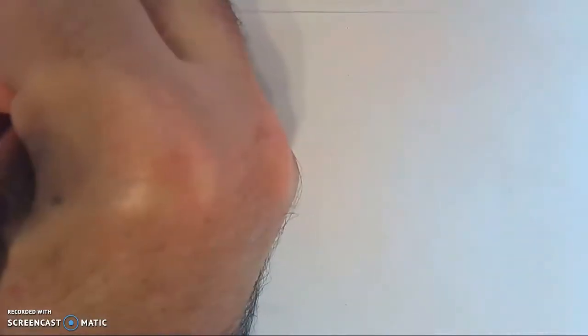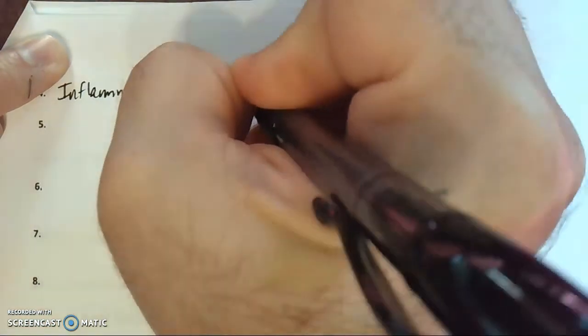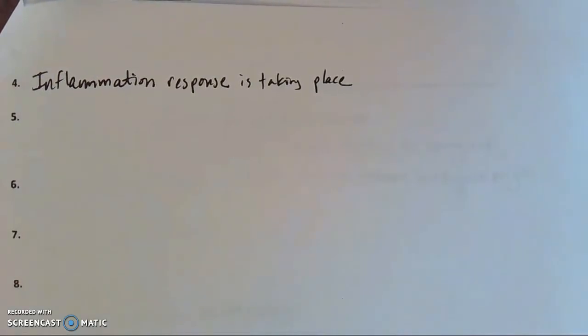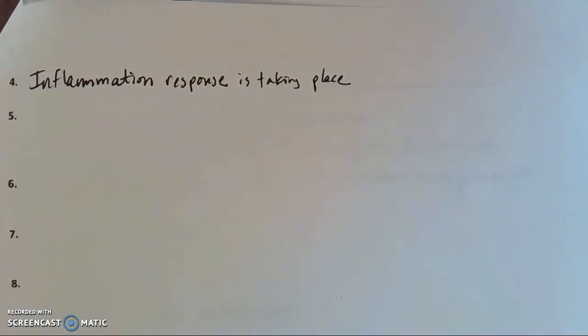during this whole time, as the tissue is being injured, we have the inflammation response, or inflammatory response, taking place. So all of those chemical mediators that we talked about with inflammation are being released.